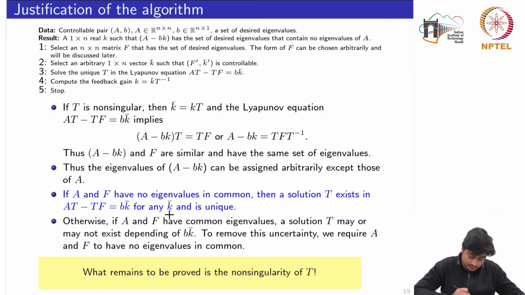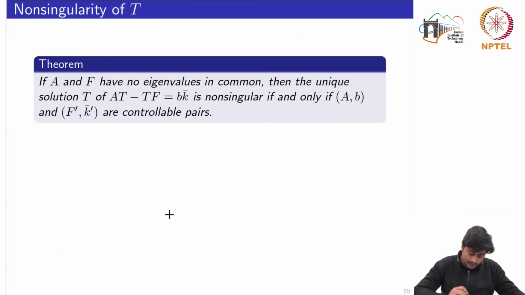Okay. This is one of the important results: if the matrices A and F have no eigenvalues in common, then the unique solution T of this Lyapunov equation is non-singular if and only if the pairs A, B and F bar transpose, K bar transpose are controllable pairs.